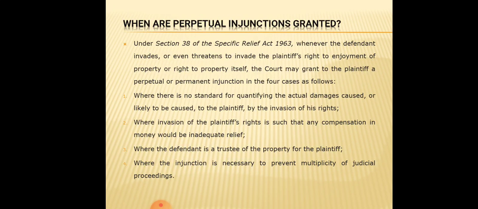Now we'll see when perpetual injunctions are granted. Here section 38 of the Specific Relief Act 1963 is very important. Whenever the defendant invades or even threatens to invade the plaintiff's right to enjoyment of property or right to property itself, the court may grant the plaintiff a perpetual or permanent injunction in four cases.